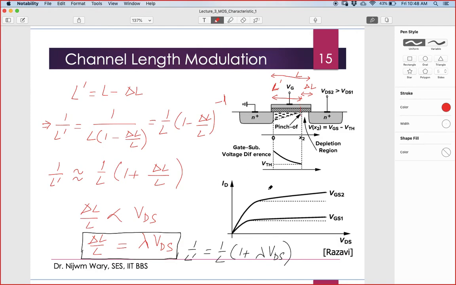Achievement of high gain becomes very difficult because of this issue. So when you read about analog circuits, you will see that because of this, getting a very high gain becomes very difficult because the lambda is very significant in higher technology. Any questions till this point?